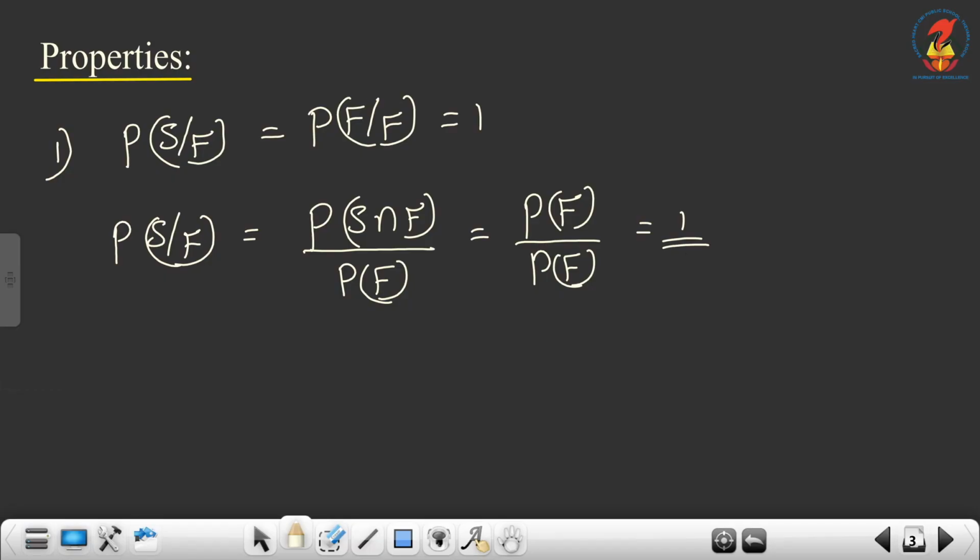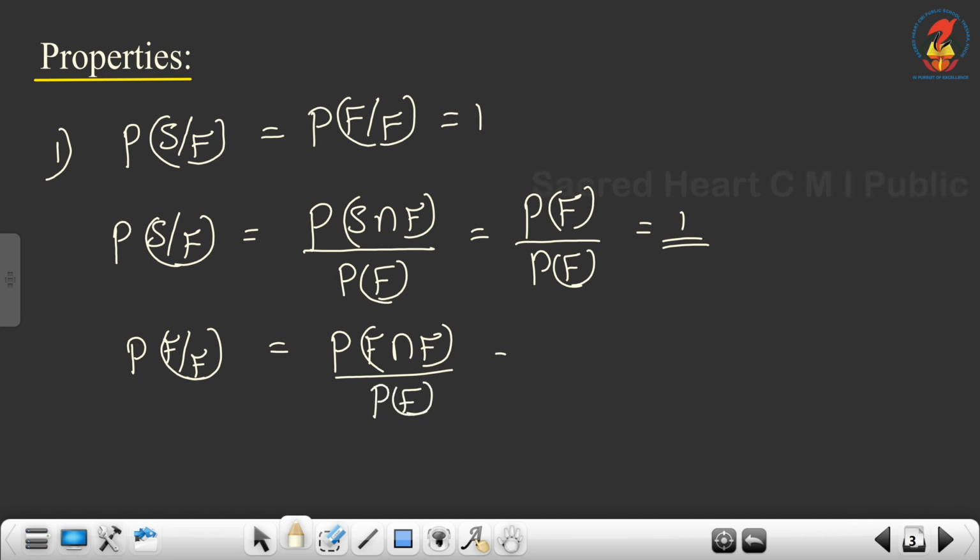Now, the second case, P of F given F. By definition, we can write it is F intersection F by P of F. And F intersection F, that is same as F itself by P of F. So, it is equal to 1. Okay.